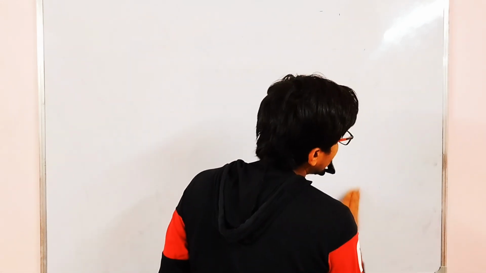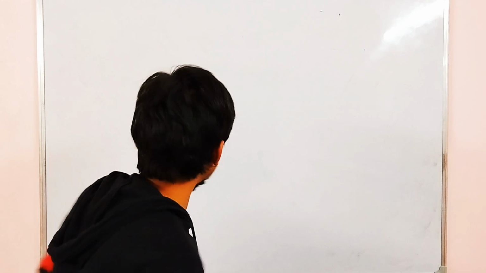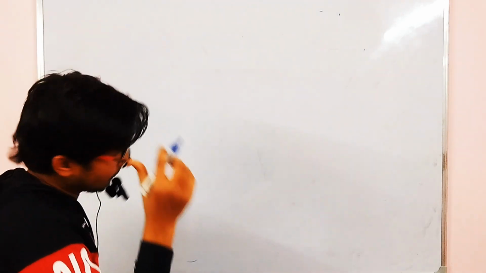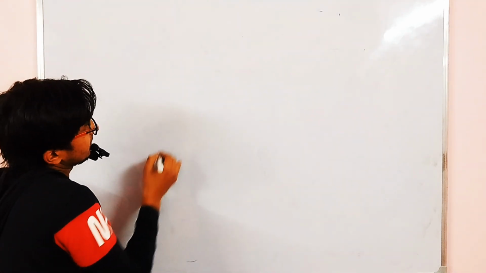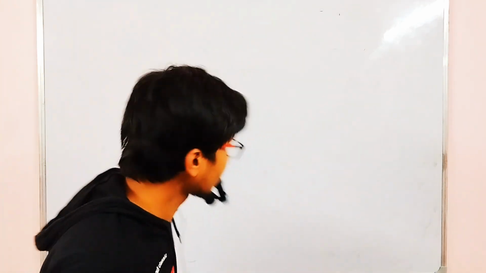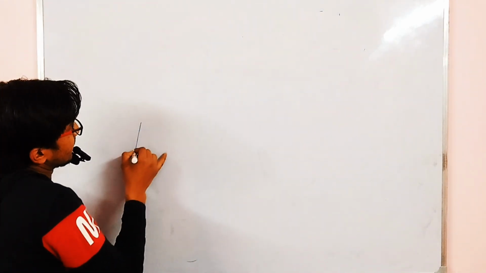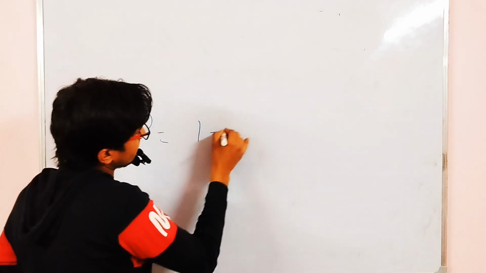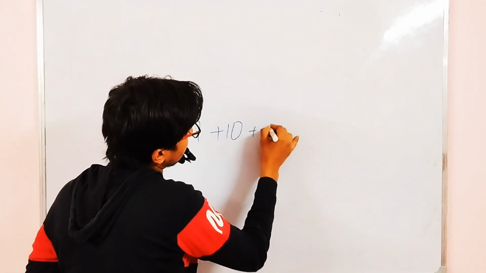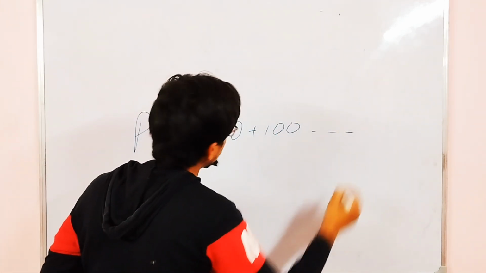Let's imagine something else. To make you understand, I am taking another series. Suppose I take the series P, and I say this is 1 plus 10 plus 100 and so on.